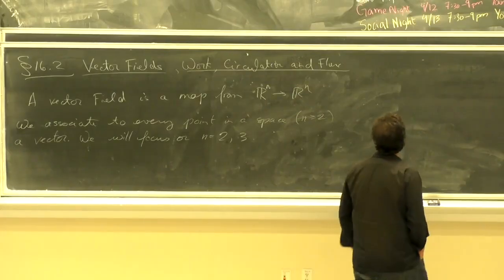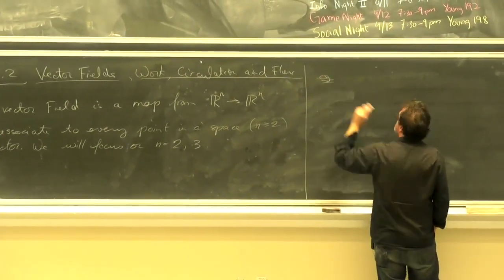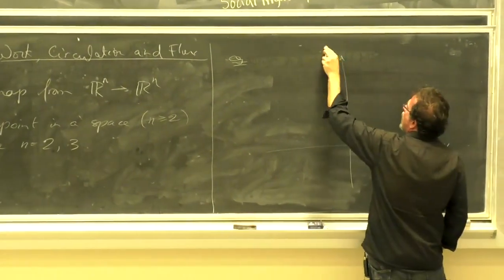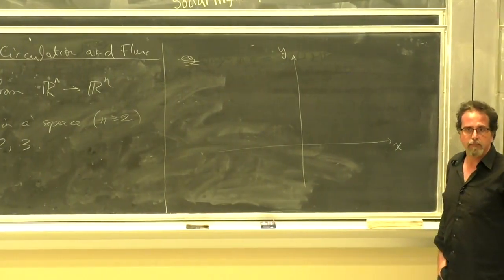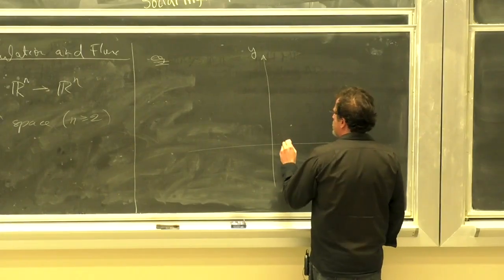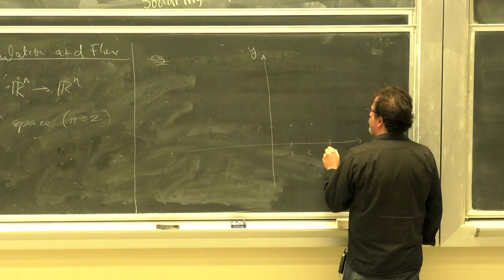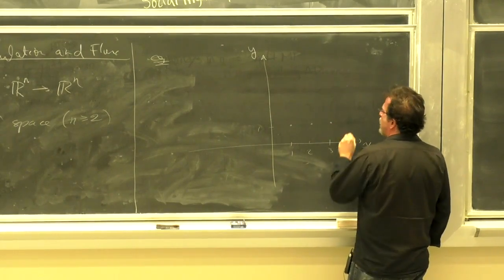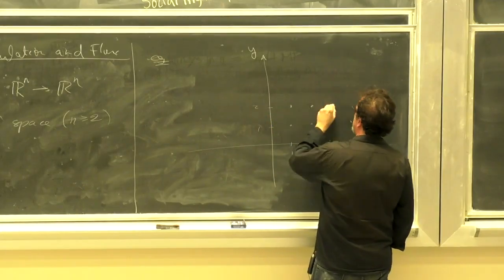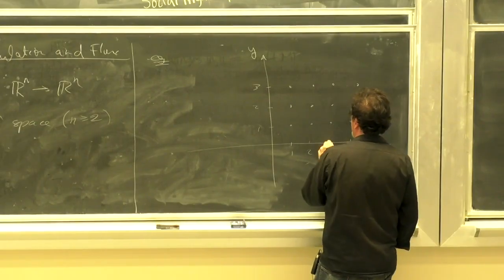So what is a vector field? Here's an example. Let's consider n equals 2. So we have an x, y coordinate system, okay? You imagine a grid of points. Maybe this is 1, 1. This is 2, 1. 3, 1. 4, 1. And let's keep going, and we can go along the axes.